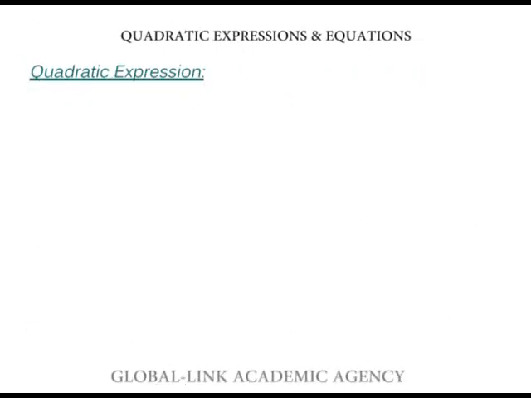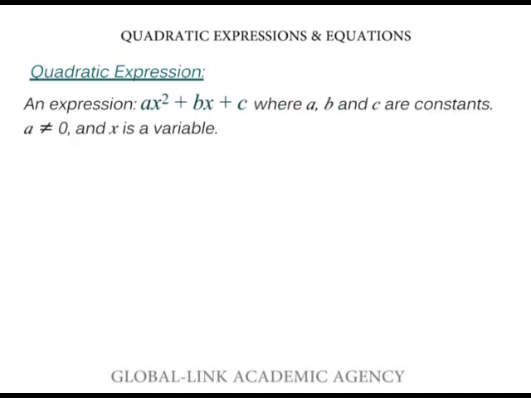Quadratic expressions. It's an expression of the form ax² + bx + c, where a, b, and c are constants, a is not equal to 0 and x is a variable. For example, x² + 2x − 6, 2x² − 3x + 5.